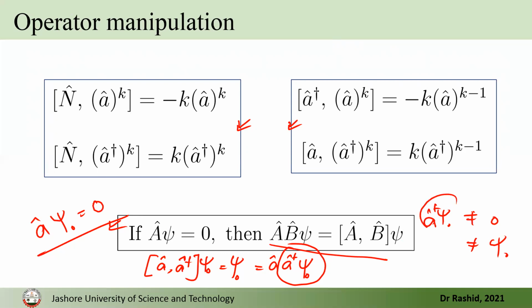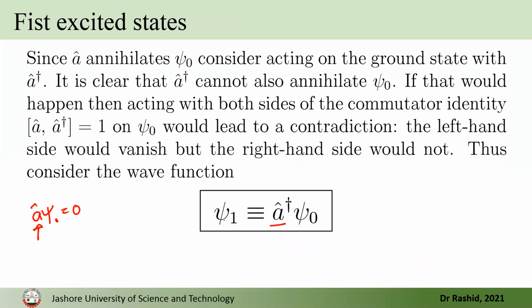Let's assume this one to be the first excited state psi 1. This is what we wrote here: psi 1 is defined as A hat dagger operating on the wave function. That is, when the rising operator operates on the ground state wave function, we have the first excited state.